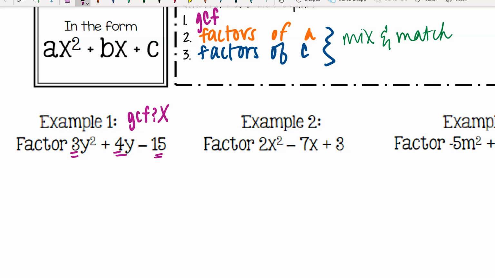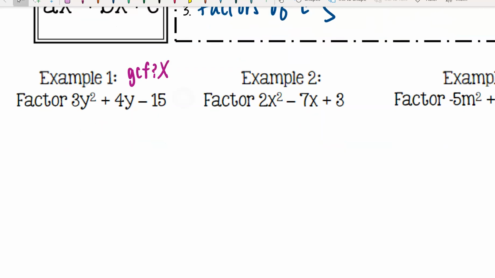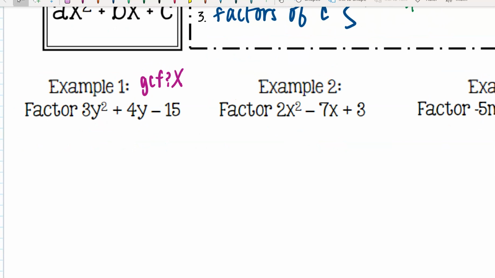I do not have a GCF here because 3, 4, and 15 do not have anything in common besides 1. So I want to take a look at my factors of a, which here are 1 and 3. And then my factors of 15, 1 and 15, and 3 and 5.